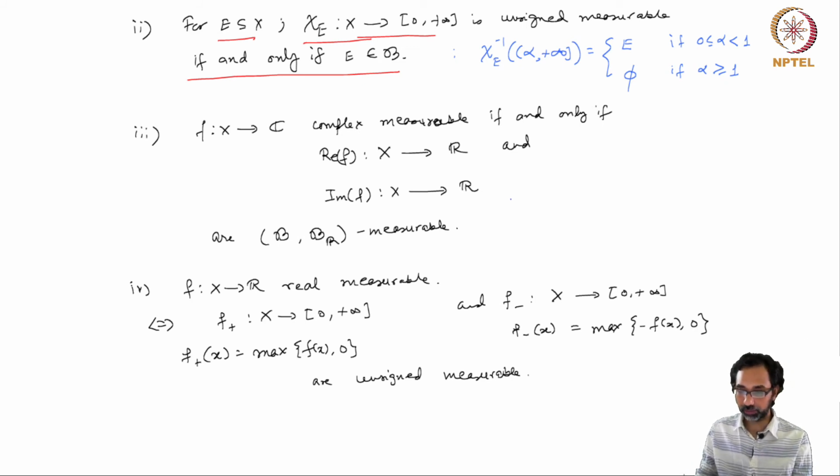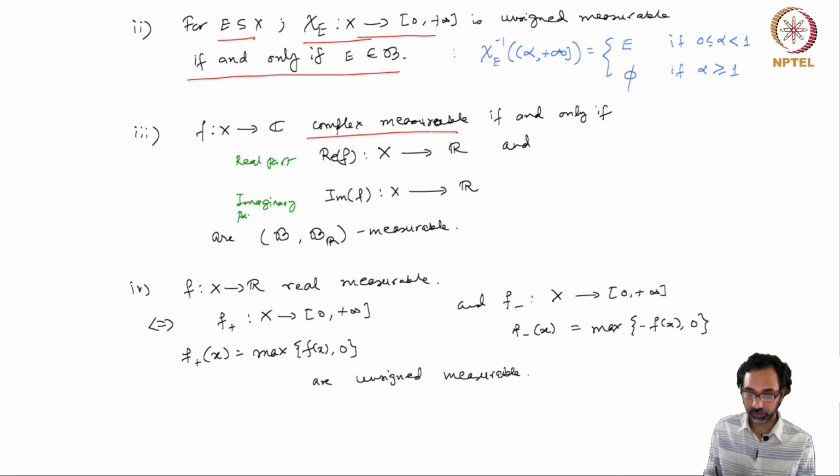On the other hand, if you have a complex measurable function, then the real part and the imaginary part of f are both functions from X to the real numbers, and these are measurable with respect to the sigma algebra B and the Borel sigma algebra on R.